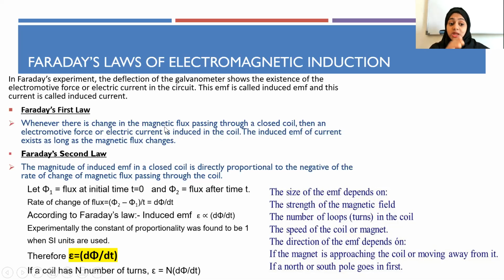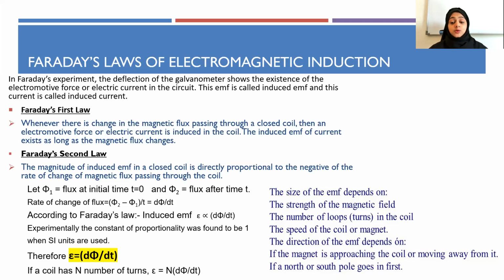So whenever there is a change in the magnetic flux through the closed coil, what can cause a change in the magnetic flux? How can we produce a change in the magnetic flux?